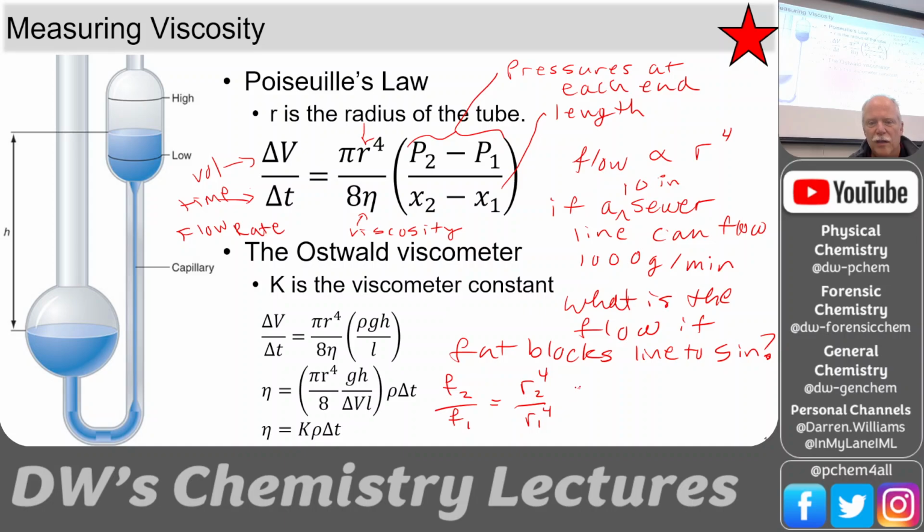And we know all of these numbers except for one. So we have F2 is equal to F1 times R2 over R1 to the 4th power.